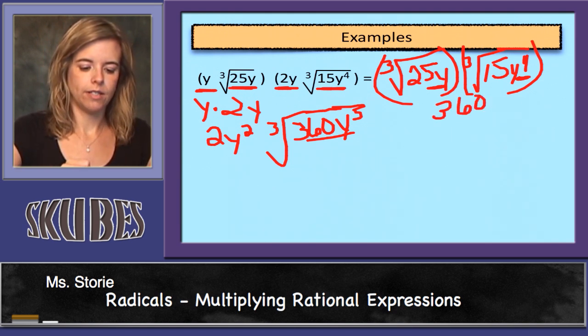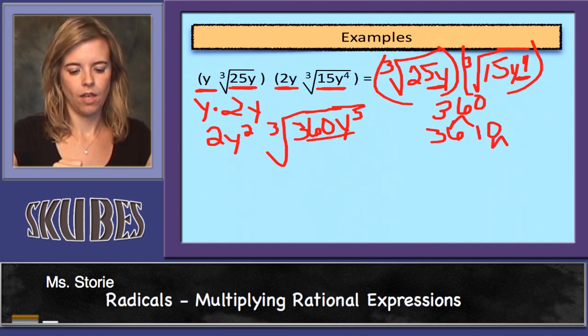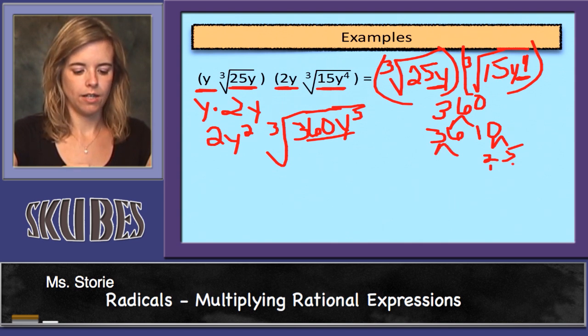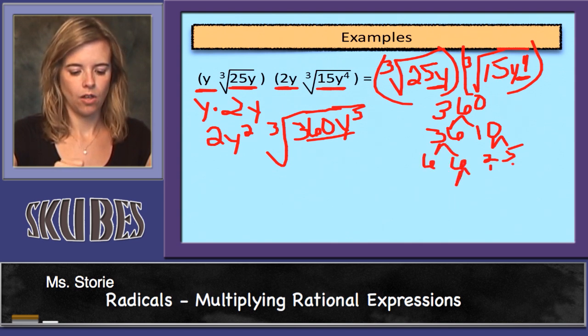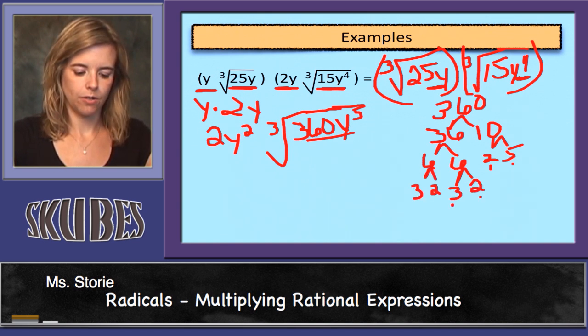So let's take 360 and break it down. That would be 36 times 10. And 2 times 5. I've got prime numbers. Then it's 6 times 6, which would be 3 times 2, and then 3 times 2.